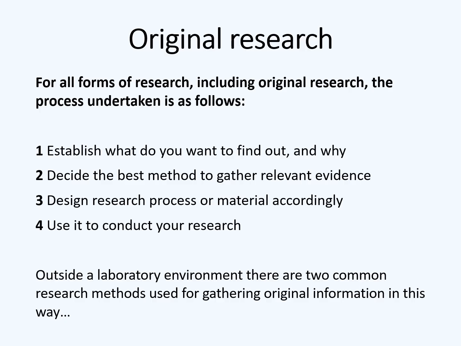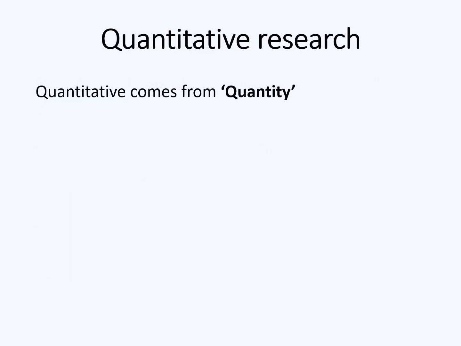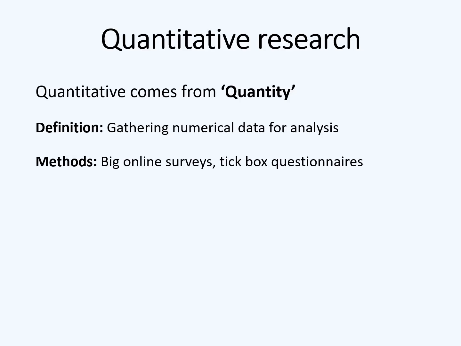Outside a laboratory environment, there are two common research methods used for gathering information in this way. The first is quantitative research, derived of course from the word quantity. This is often used to gather large quantities of numerical data which can then be analysed. Methods might include big online surveys comprising tick-box questionnaires.